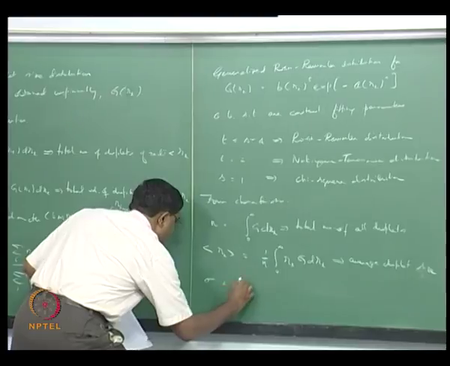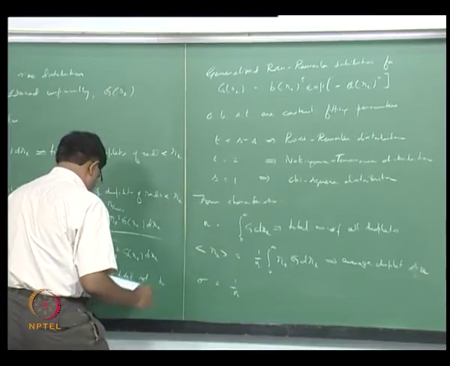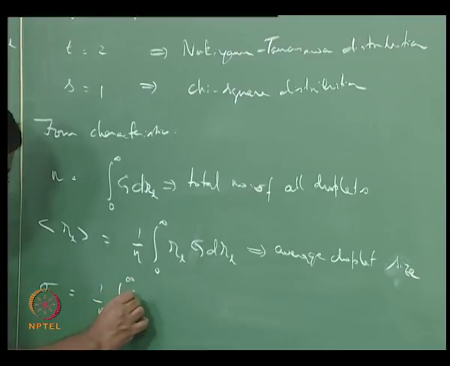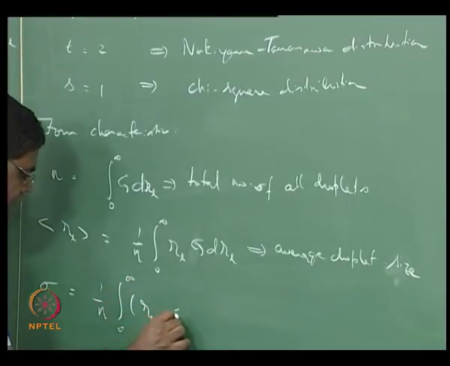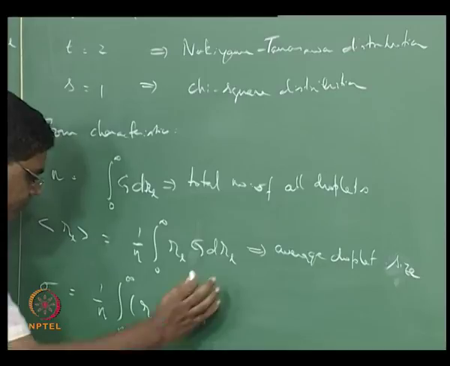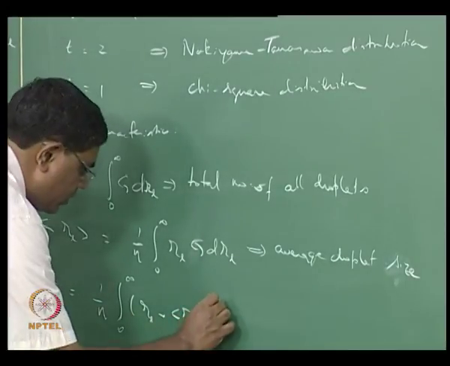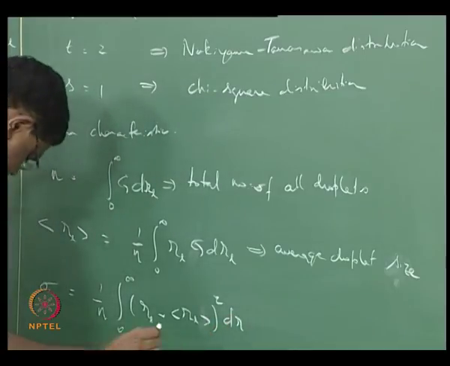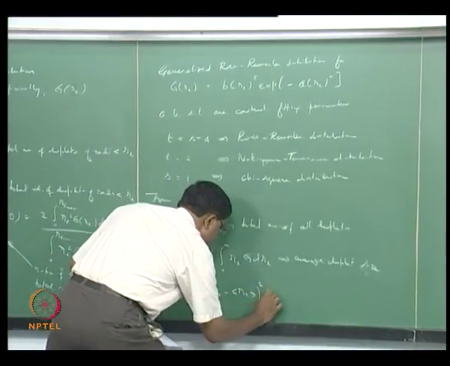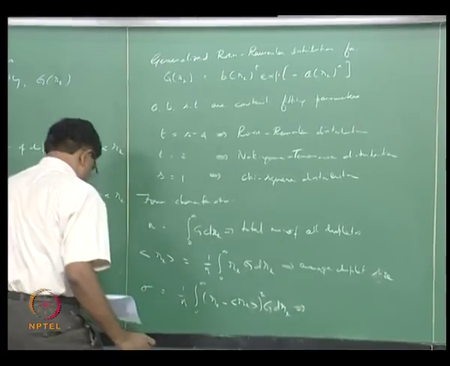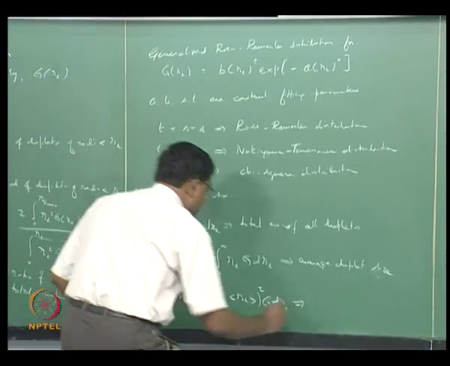So sigma squared equals 1 over N integral 0 to infinity of (RL minus the mean) the whole squared G dRL, which is the standard deviation.